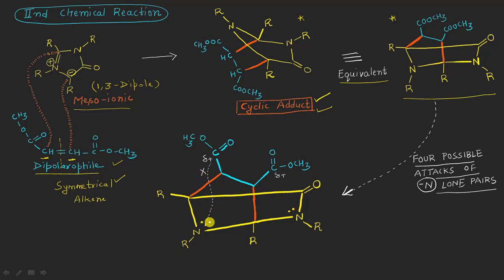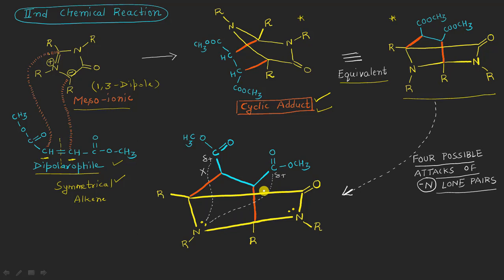And now let us have a look at the second possibility here. Let us say this is attacking on this carbonyl here, and once again it will result in the formation of a bond in between this nitrogen and this carbon atom. And once again, if we start counting the number of the atoms in that cyclic structure which will be formed after the attack, it will be 1, 2, 3 and 4 atoms here, right?